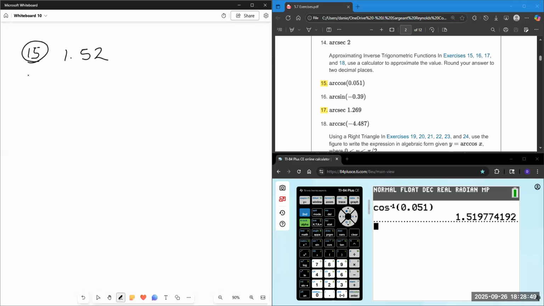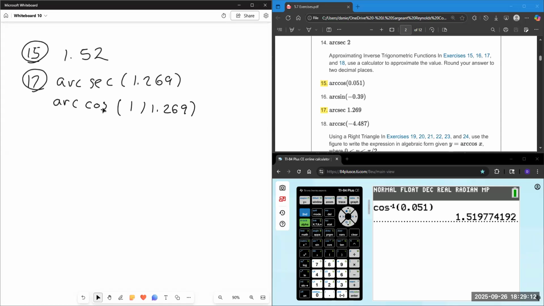17. I need a little bit of work for that. So arcsecant of 1.269. I don't have an arcsecant button on my calculator. What I do have though is arccosine, and I can find the reciprocal of 1.269 by putting it over 1.